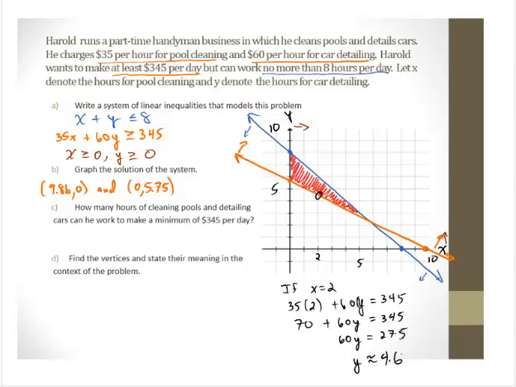So, he can work 2 hours cleaning pools and 4.6 hours detailing cars, and earn the minimum of $345.